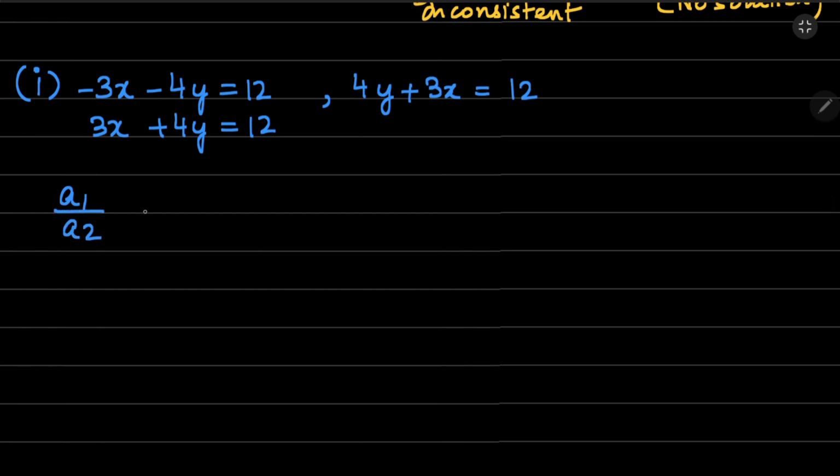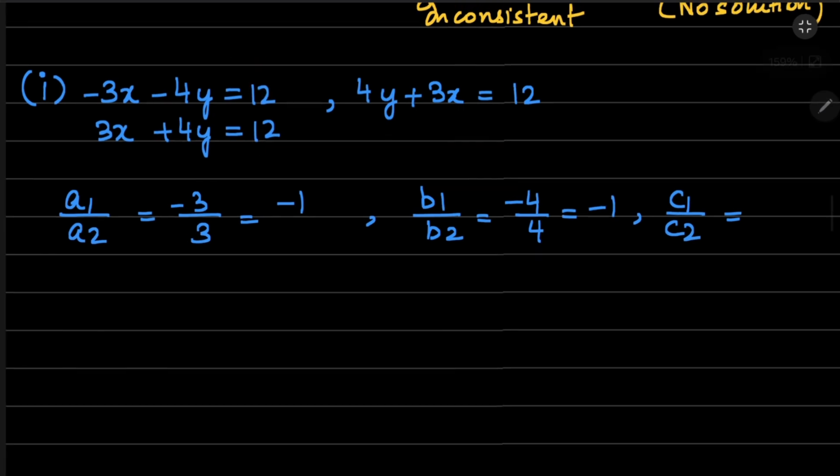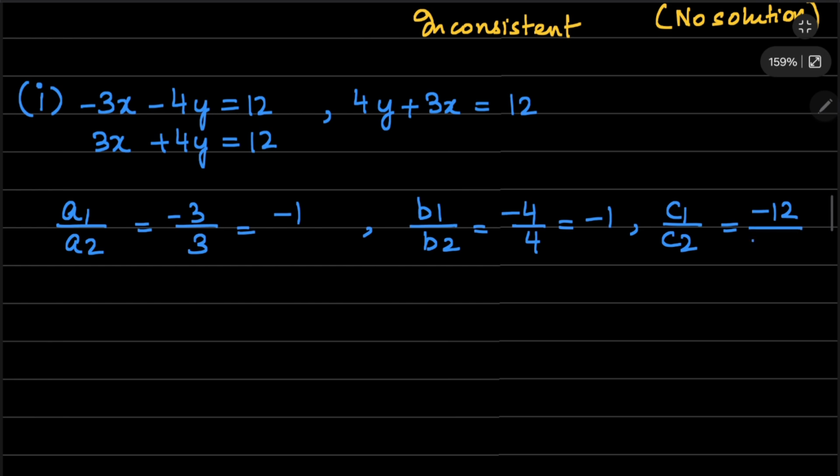A1 by A2 is minus 3 by 3, which is minus 1. B1 by B2 is minus 4 by 4, which is also minus 1. For C1 by C2, when you take it to the LHS, both become minus 12, so it's minus 12 by minus 12, which is equal to 1.